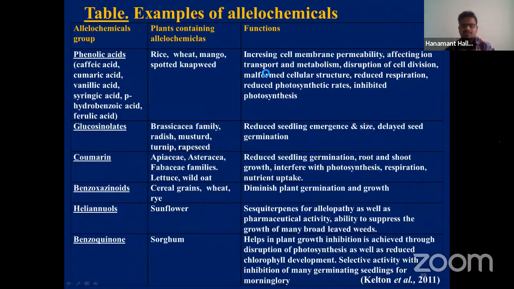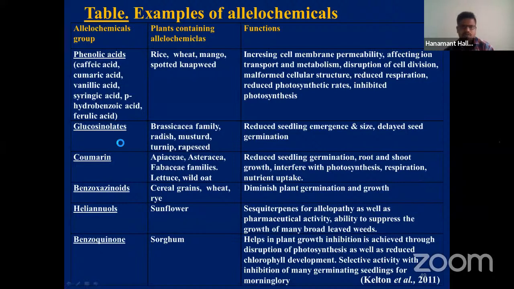The main functions are increasing cell membrane permeability, affecting ion transport and metabolism, disruption of cell division, malformed cellular structure, reduced respiration, reduced photosynthetic rates, and ultimately inhibition of photosynthesis. That is the mode of action. These chemicals inhibit the growth of other weeds or crops.